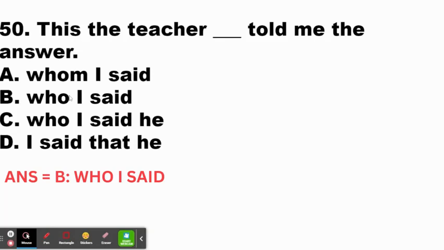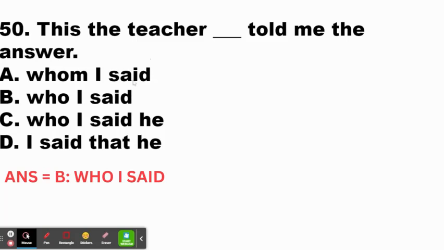Now, it should be B because who here is a subjective pronoun, and this is what should fit in here. You cannot say whom told me. No, just remove I said, and then you will see that this is wrong. You cannot say this is the teacher whom told me. No, this is the teacher who told me.